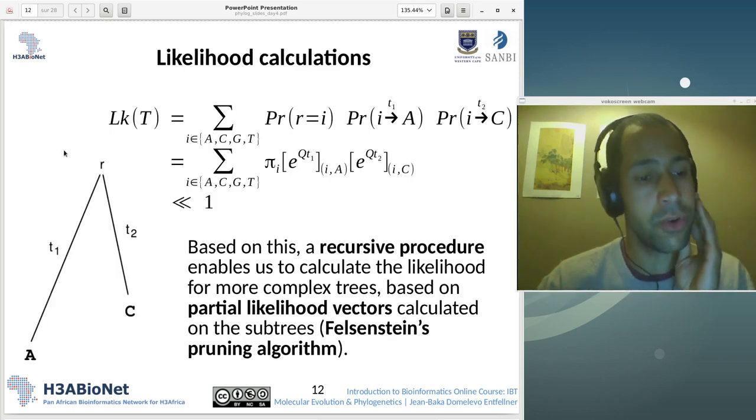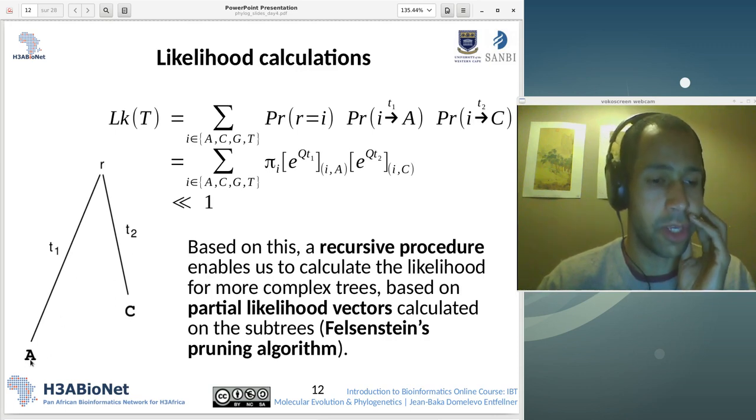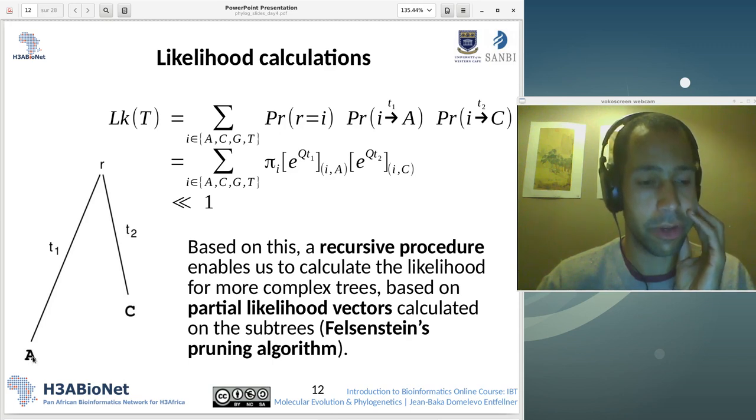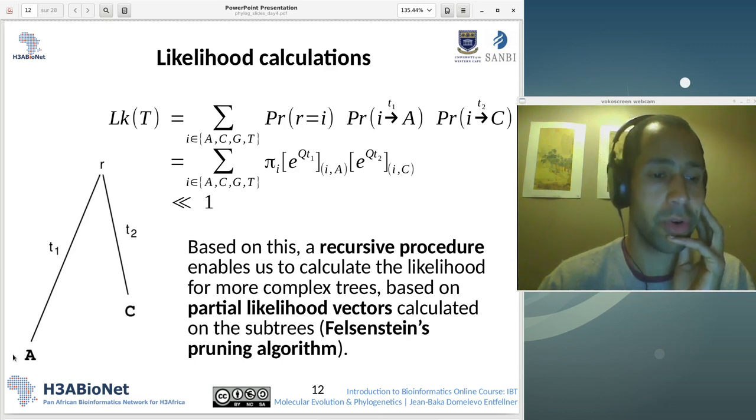So look at this tree on the left of the slide. It's on a certain site where we have a character A for one taxon and for the other taxon character C. The branch lengths are T1 and T2, and the root of this small tree is labeled R. This is our whole model T, okay?